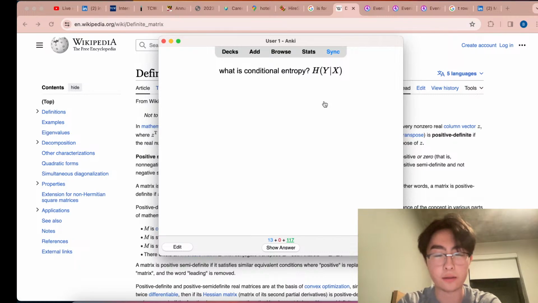And so if you have high uncertainty, that means your entropy is going to be high. If there's low uncertainty, then I think that means your entropy is going to be low.